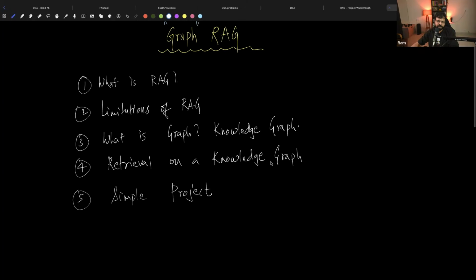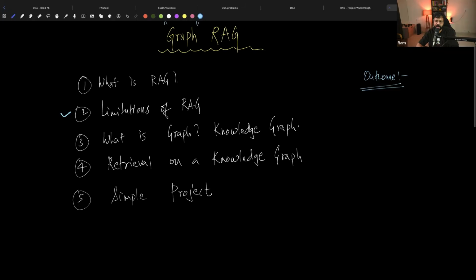The outcome of today's session, which I want all of you to tell me after the end of the session, is that you should have a very friendly intuition of what the limitations of a typical RAG are, what the solutions to those limitations are, and out of those solutions, where a graph fits in, what exact problem it solves, how you create a knowledge graph, how you look at a knowledge graph, what the key components of a knowledge graph are, and how we do retrieval on a knowledge graph.